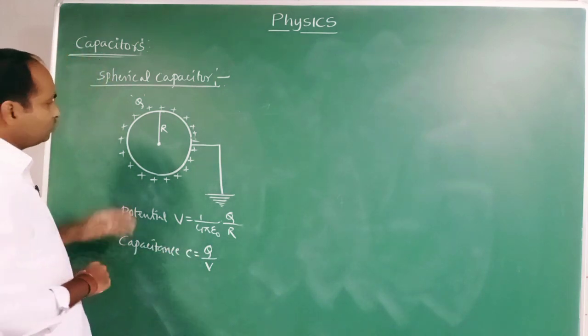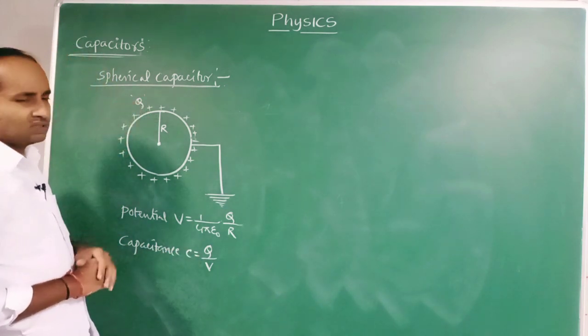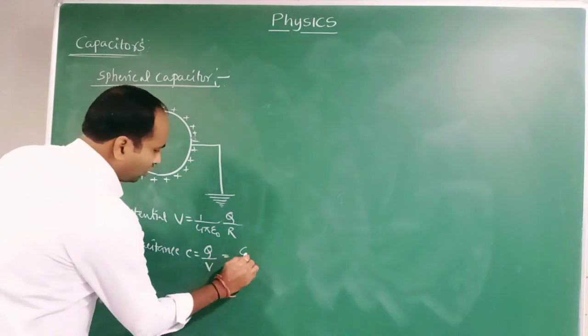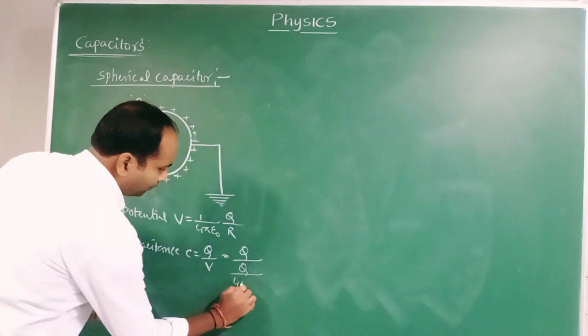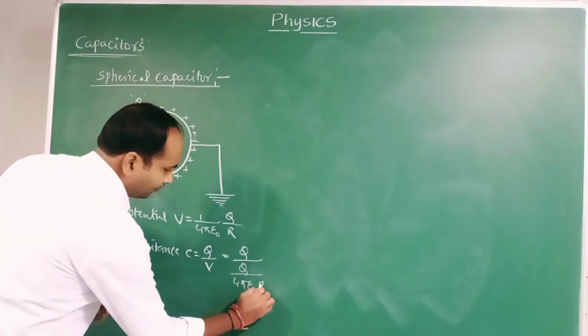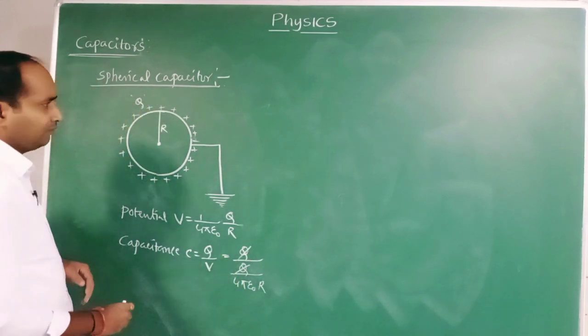Now Q is the charge of the capacitor, here also Q only. But what is V? V is equal to Q by 4 pi epsilon naught R. Now Q gets cancelled.